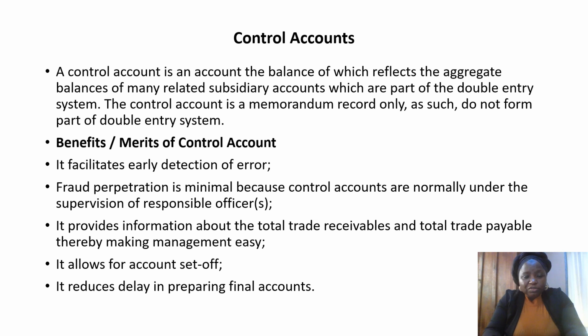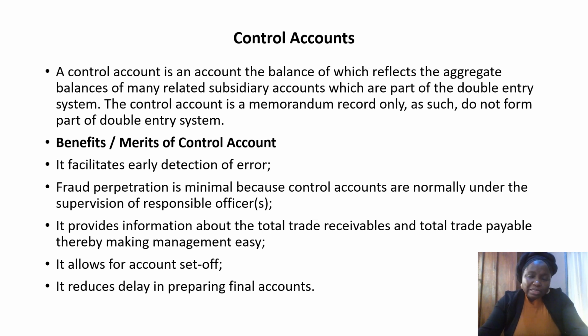However, in the case of control, it is not bothered about double entry. It only follows the principle of double entry in its recording of transactions. But its own importance is that it shows at a glance the aggregate total balances of all related subsidiary accounts.